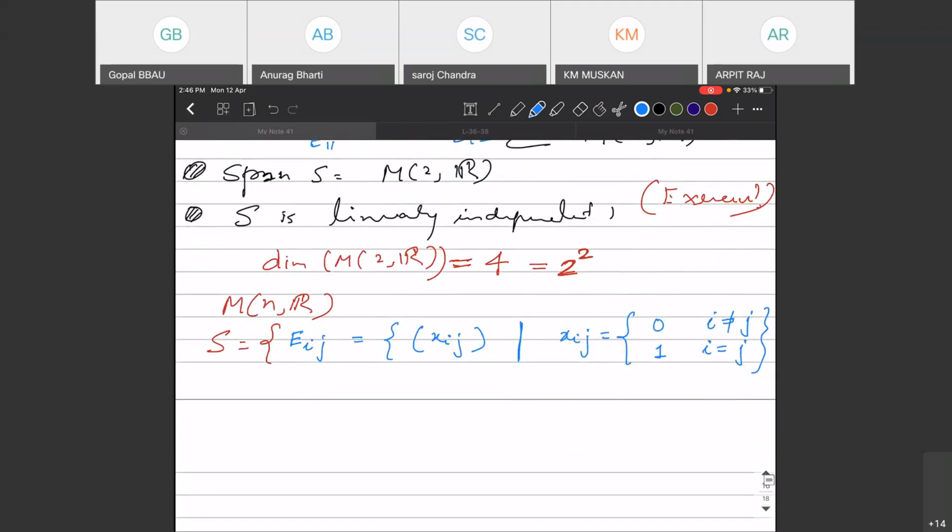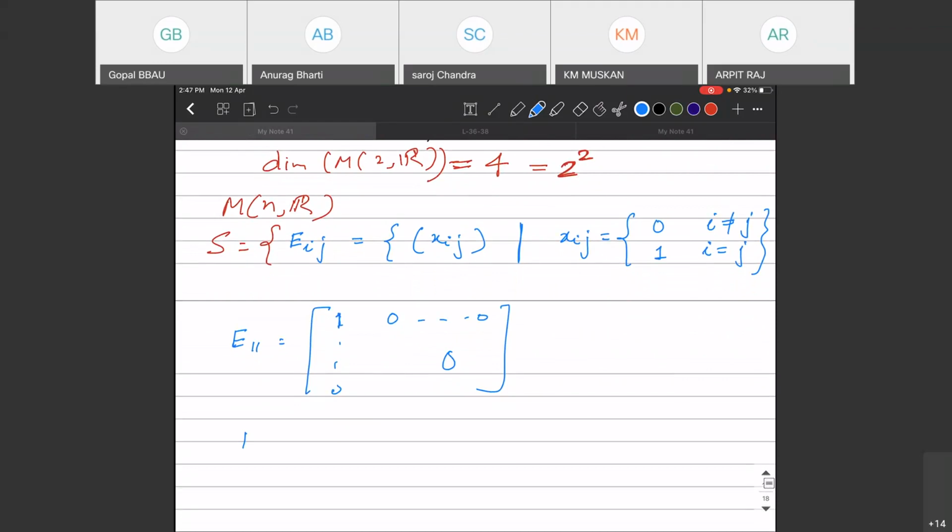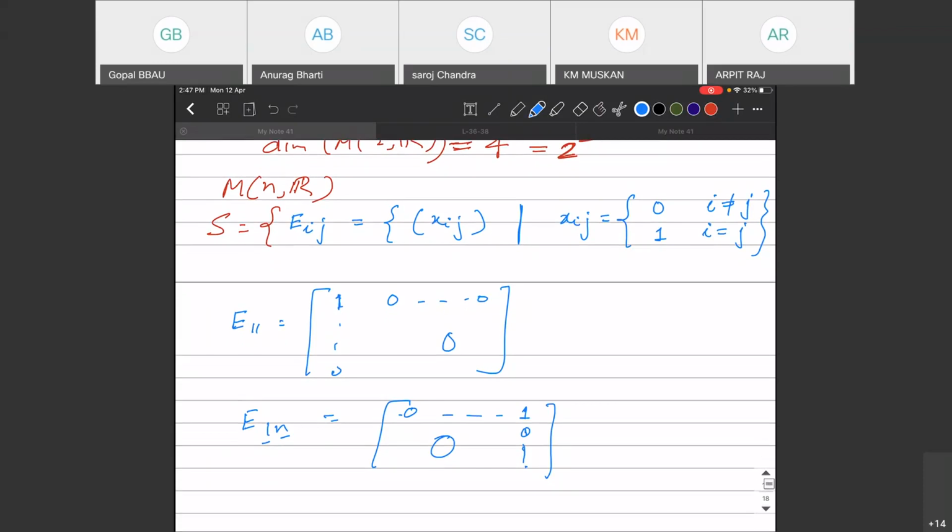Okay, so this means E11 is the matrix whose first entry is 1 and all others are 0. What is E1n? It would have the entry at first row, nth column equal to 1, and all others 0. Okay, so E_ij means the ijth entry is 1, all others are 0.